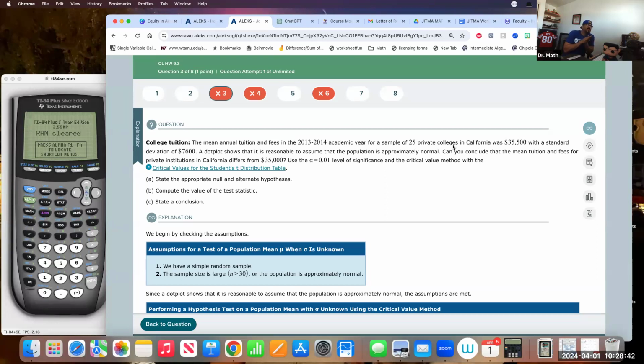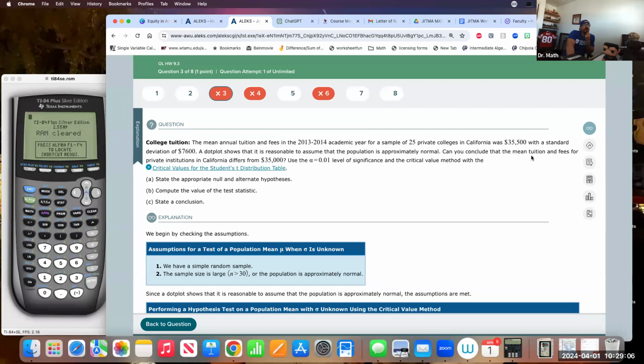So this is going to push us to use a t-test versus the z-test. All right, so let's continue reading here. The dot plot shows, so imagine we have a dot plot, that it's reasonable to assume that the population is approximately normal. All right, so they're telling us it's approximately normal.